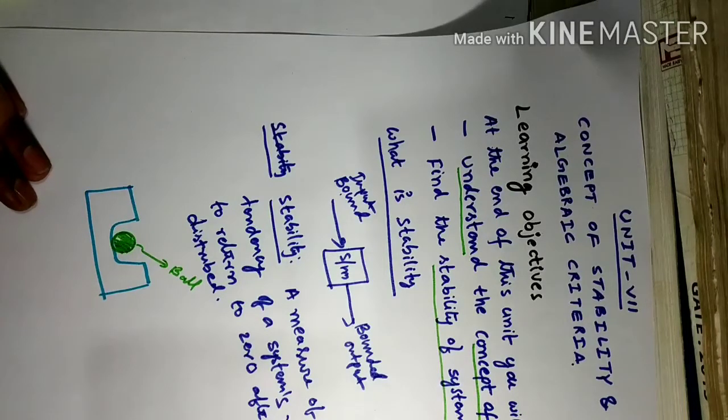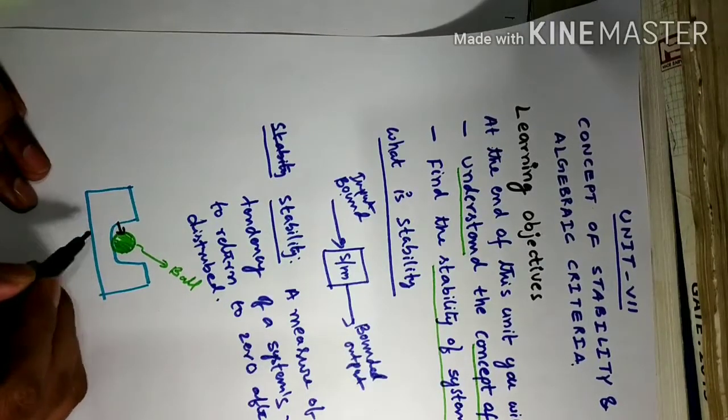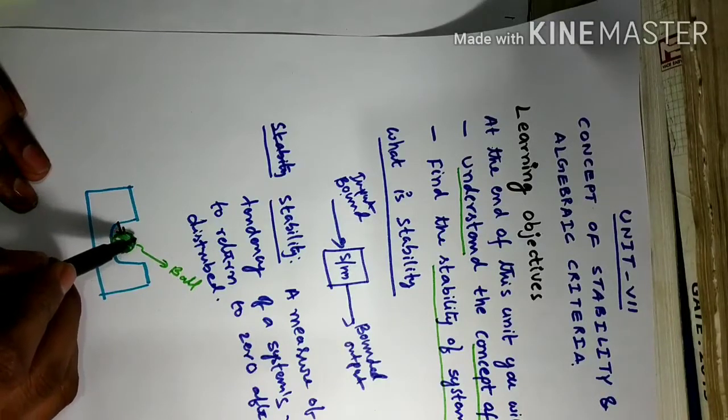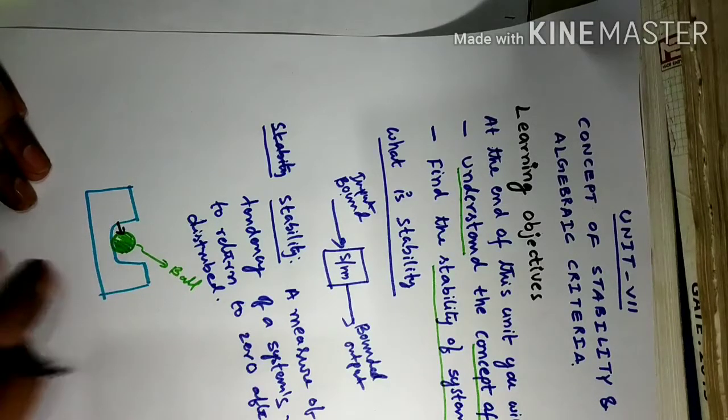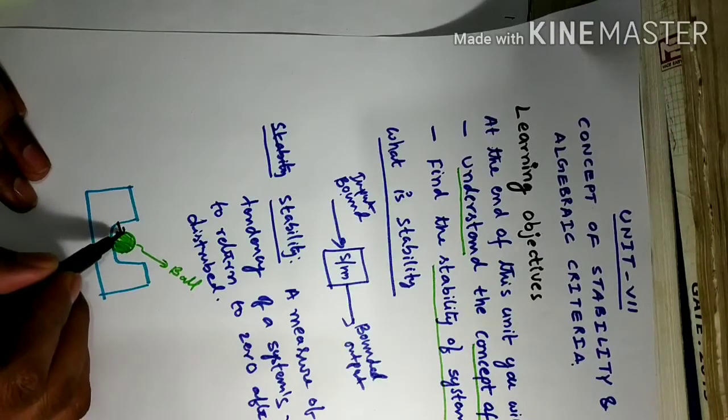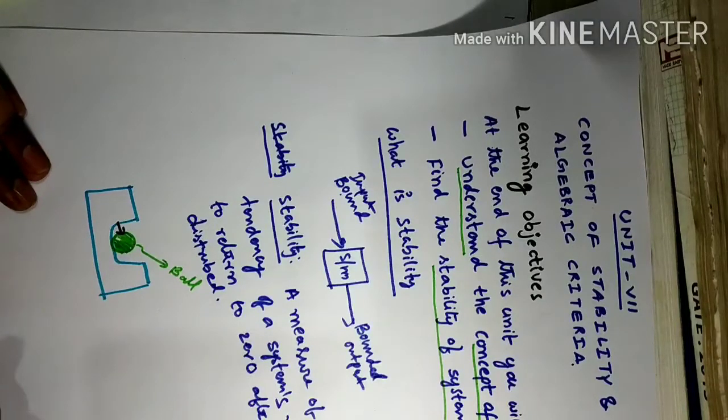When some force is applied on the ball, the ball is disturbed and starts to oscillate. Eventually, due to friction, it comes to rest back at the equilibrium position. So that is stable.